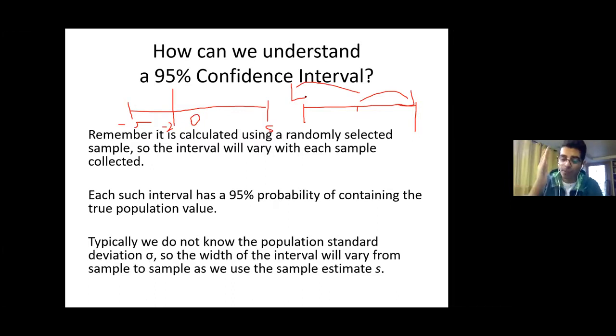So what he's trying to do is trick you, to see whether you just memorize the concept or actually understand it. When you say you have a 100% chance of hitting the sample mean, you're 100% correct. When I tell you you have a 95% chance of hitting the sample mean, that should be incorrect. That should be 100% wrong. You always hit the sample mean because that's where you start a confidence interval from. It always has to be in the center.